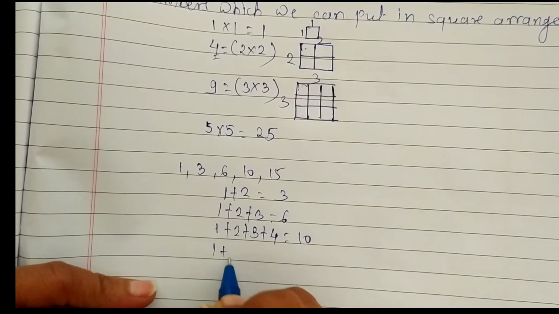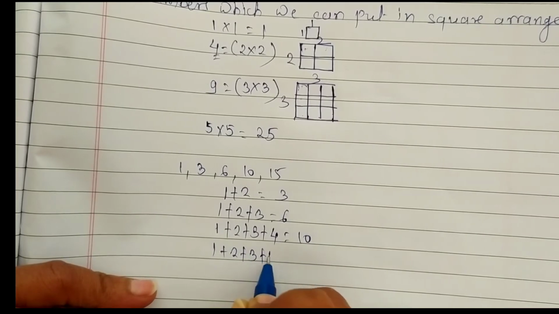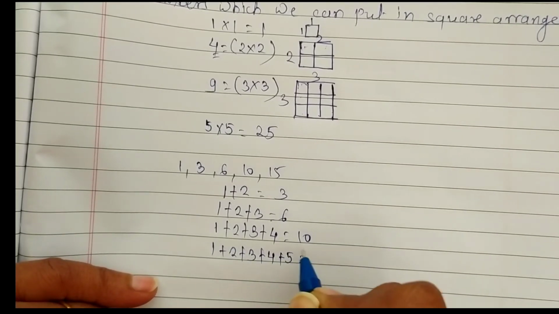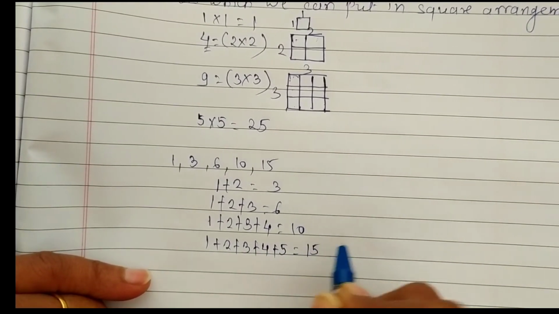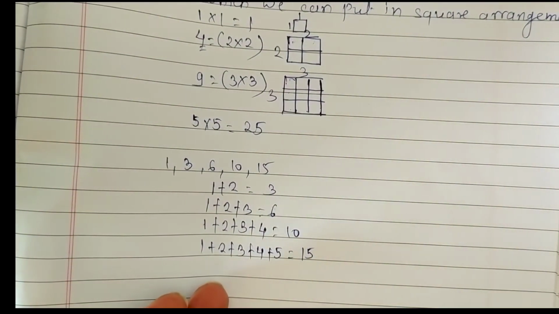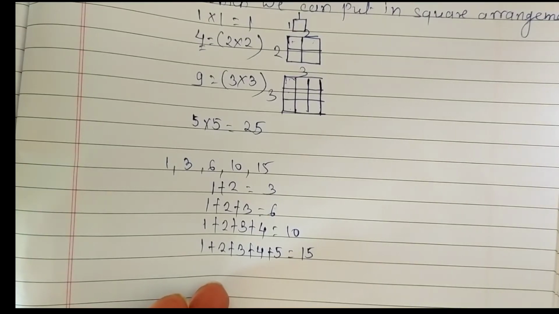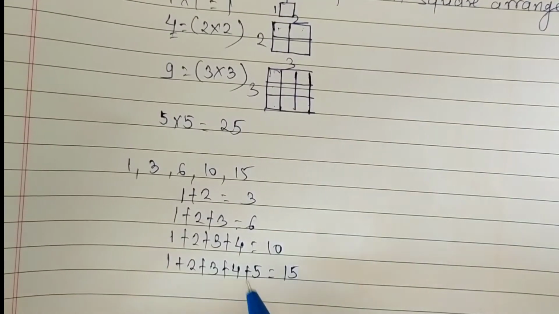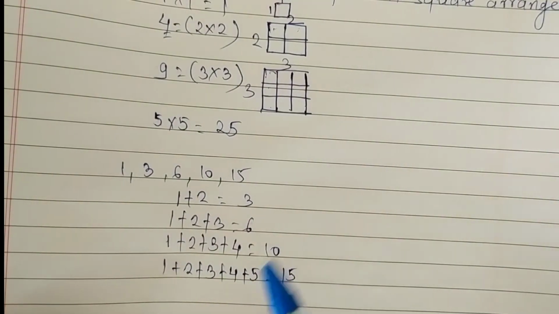Then 1 plus 2 plus 3 plus 4 plus 5, the sum here we get is 15. So such numbers which are obtained by continuing summation of the natural numbers are called triangular numbers. We can arrange them in triangular form.